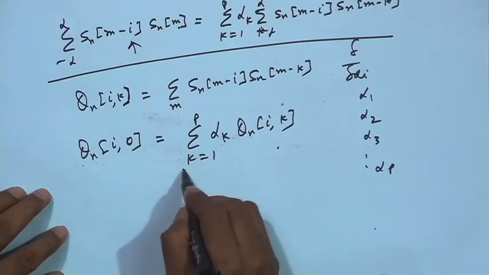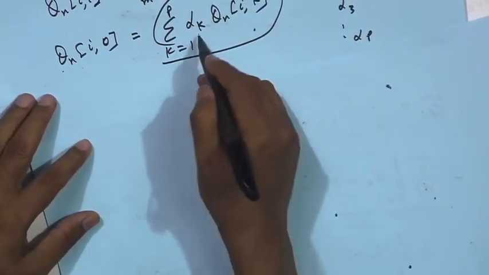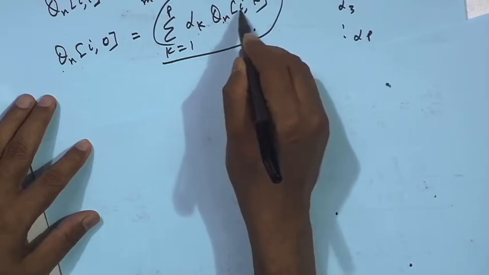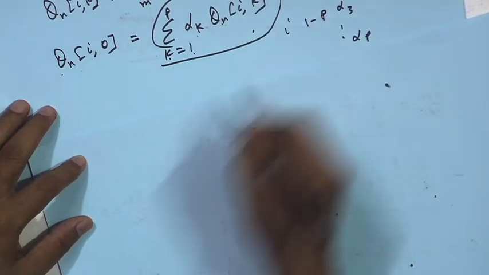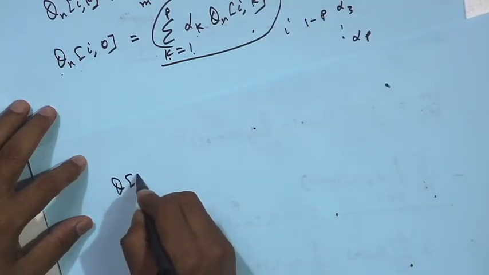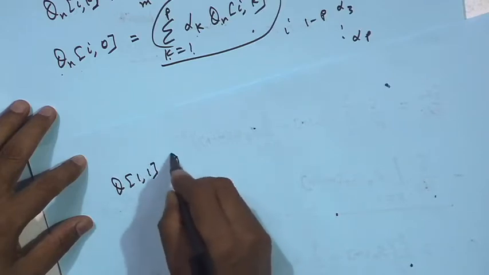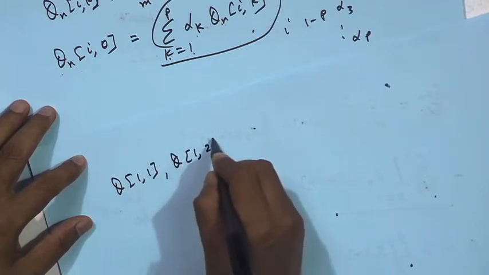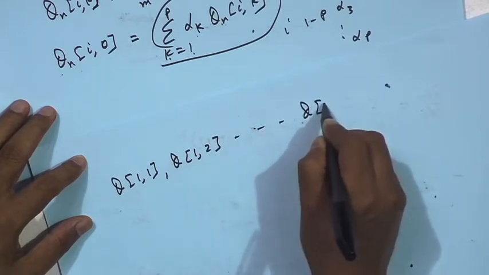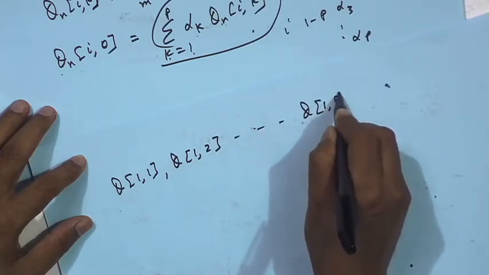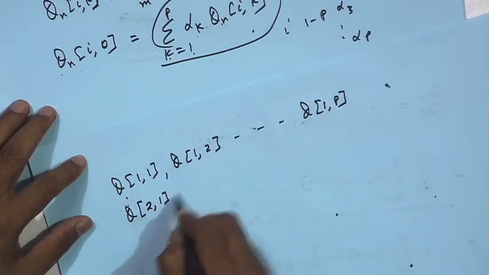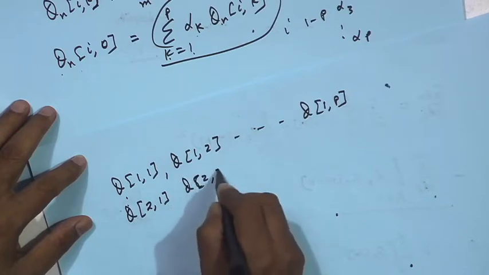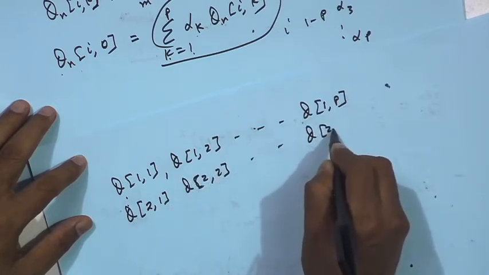How do I write this side? This side I can write, let us say, phi i k, k equal to 1 to p and i also varies from 1 to p. So, I can say phi 1 1, phi 1 2, dot dot dot, phi 1 p. Similarly, phi 2 1, phi 2 2, dot dot dot, phi 2 p.